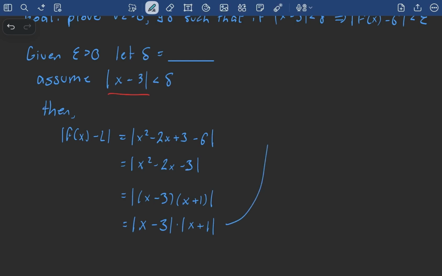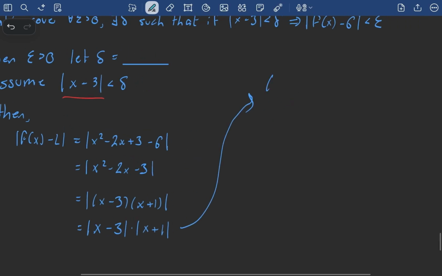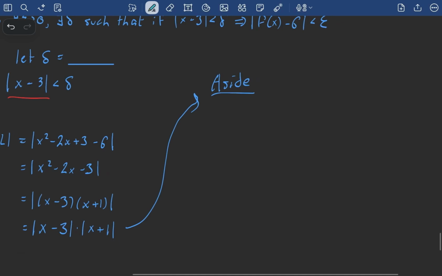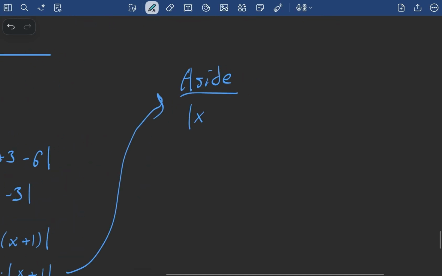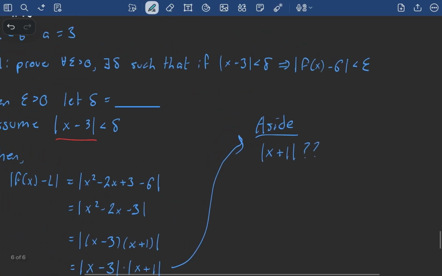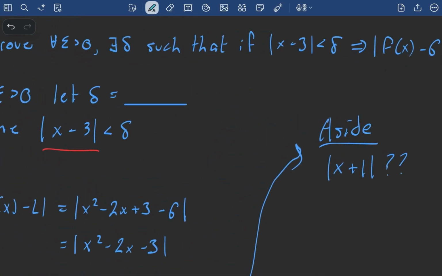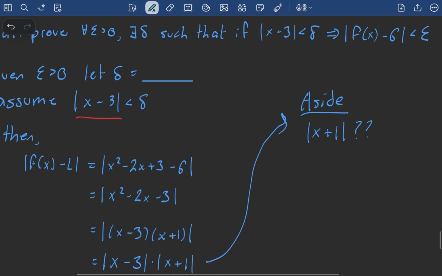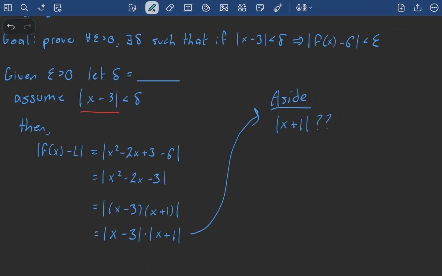So let's do some side work. What do we do with this absolute value of x + 1? Now here's the trick. What if we could compare the absolute value of x - 3 to some number so that we can put a bound on x and then end up bounding the absolute value of x + 1 as a result? Well, good news, because we can.